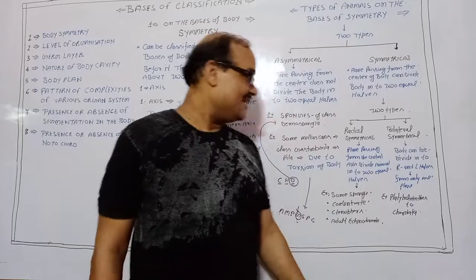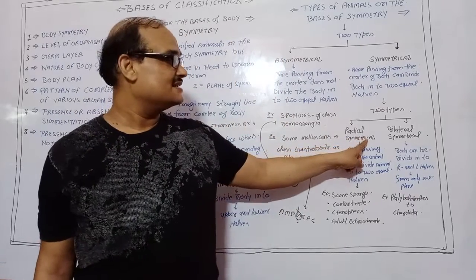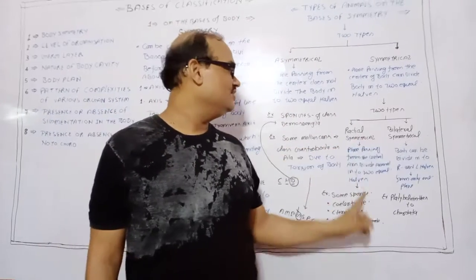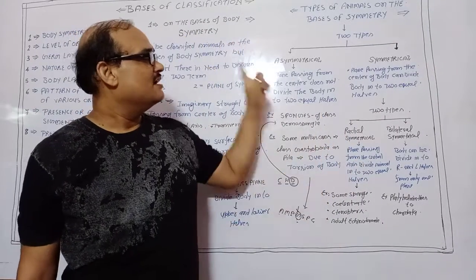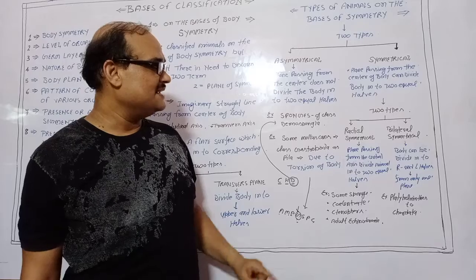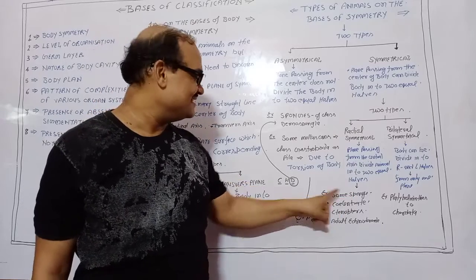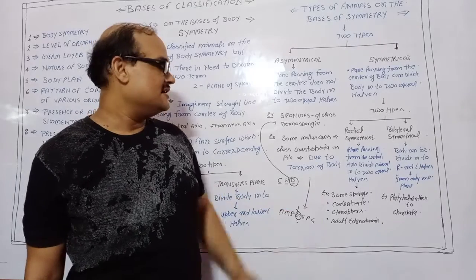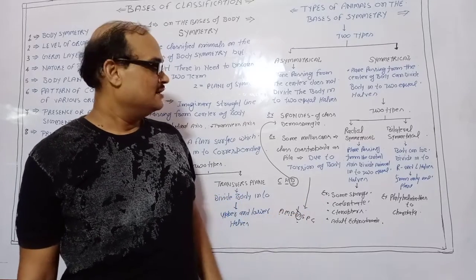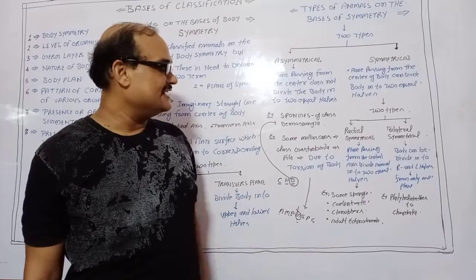Very important point here: animals which have radial symmetry are present in less developed phyla. It means some sponges, the members of Calcarea and Hexactinellida, all coelenterates, and all ctenophores. That's why these are known as Radiata.